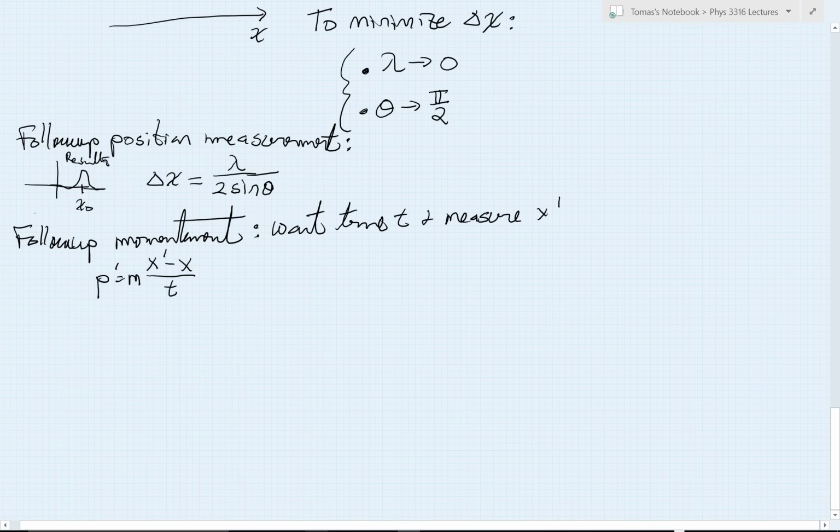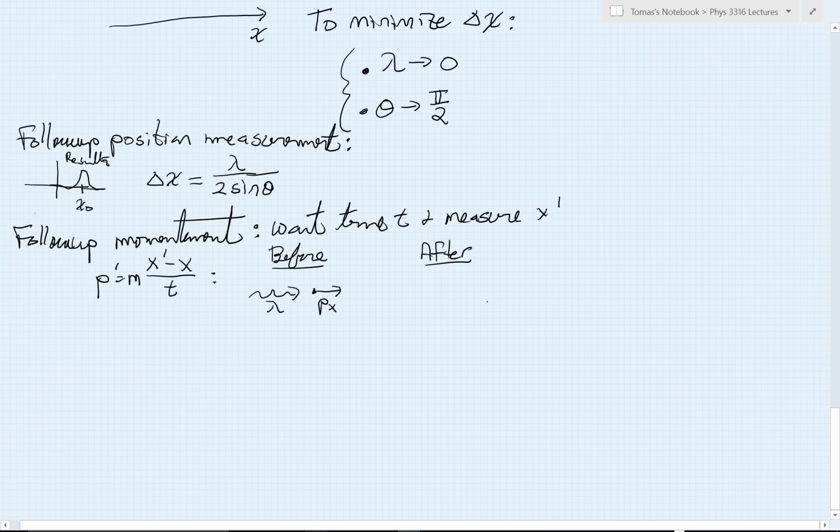So to figure out what our final momentum is, we have to do the standard before and after collision type mechanical analysis. So we've got our before and our after. Before, I've got a photon coming in with wavelength lambda, and my particle itself may have had some initial momentum px. Afterwards, my particle is going to be moving along, and I'm only really thinking right now about the x component of its momentum. I know it's going to pick up a y component.